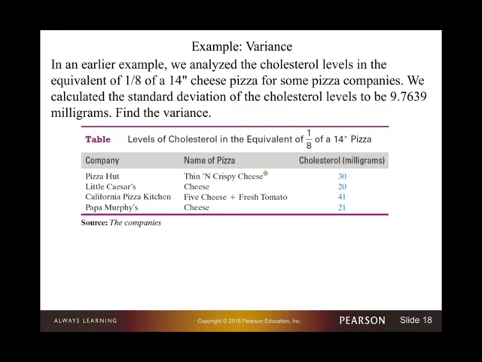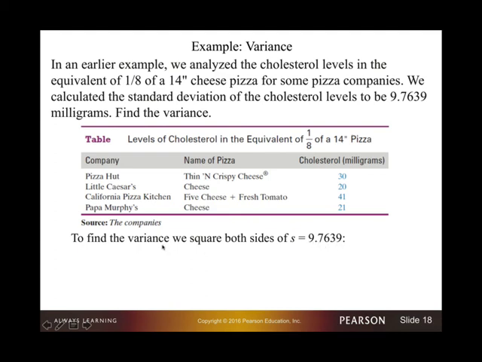So we're going to use the earlier example where we found the mean and the standard deviation of the cholesterol levels in the cheese pizza. And this time we want to find the variance. We already found the standard deviation equal to 9.7639.